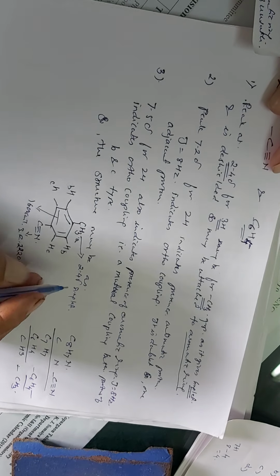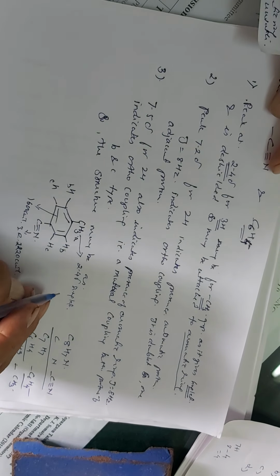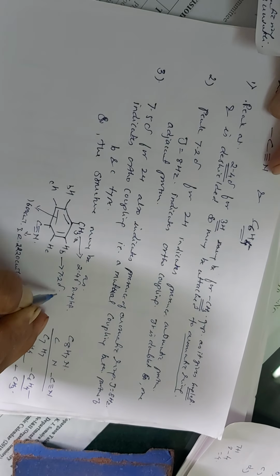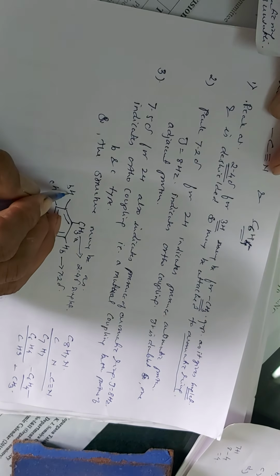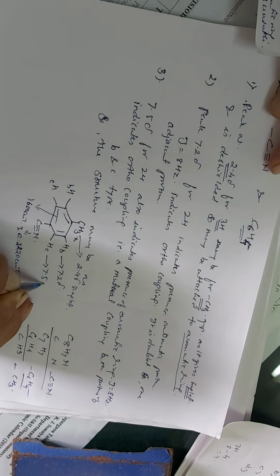Here you will get the value of 7.2 delta for these two protons, and these two protons will give a delta value of 7.5.